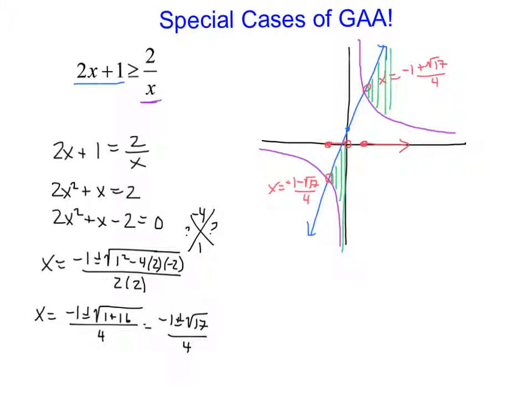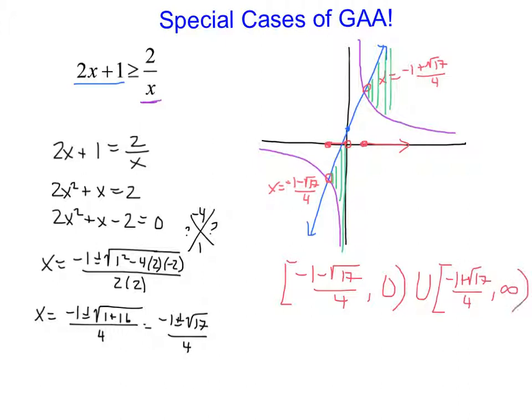So our solution to this is going to be the region closed bracket -1 minus the square root of 17 over 4 up to 0, but we're undefined at 0, so that gets a soft bracket, unioned with -1 plus root 17 over 4 on up to infinity.